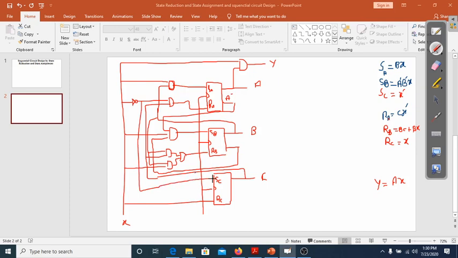So this is the logic diagram of our sequential circuit. Now you can do the analysis. That's it. Thank you very much. So this is the logic diagram. I had some difficulty writing on this digital board.